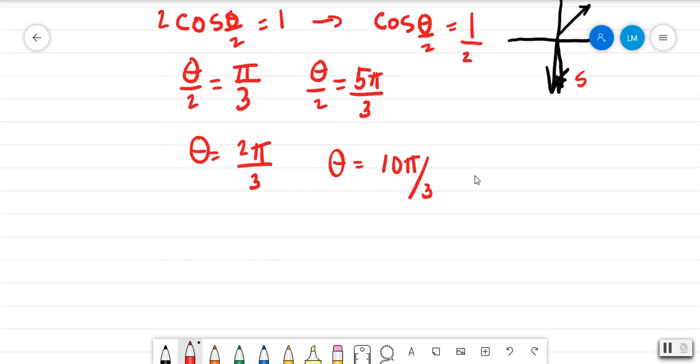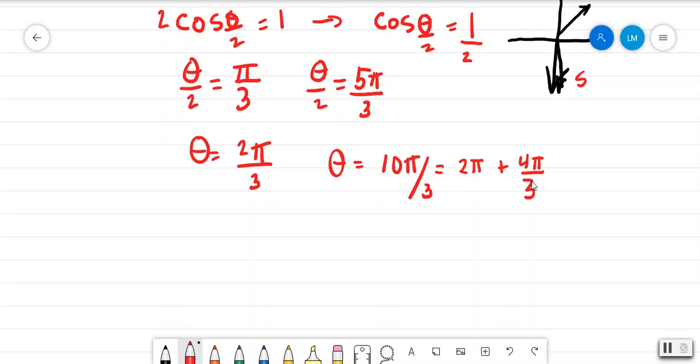Unfortunately, that's beyond the bound. It's outside of the bound of 0 to 2 pi. For instance, I know that this is going to be 2 pi, and then the remainder is going to be 4 pi over 3. So this is actually outside of the bound of 0 to 2 pi.